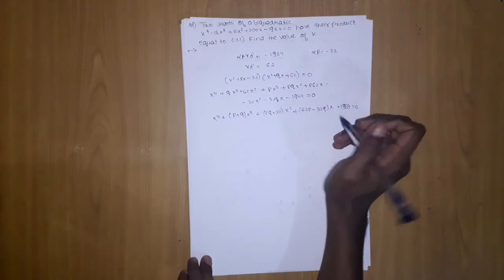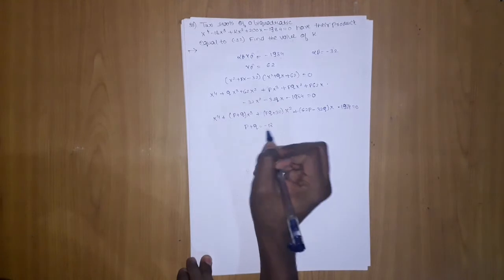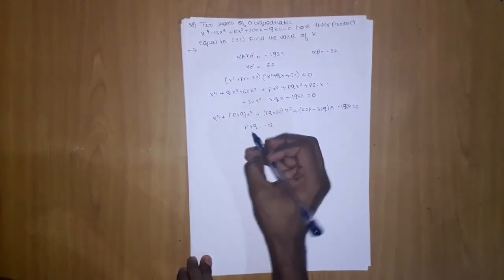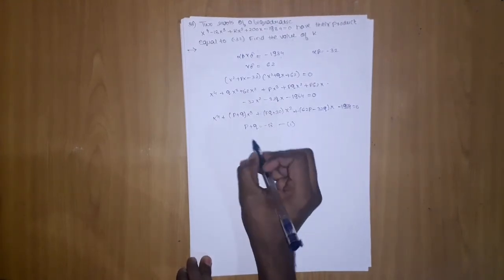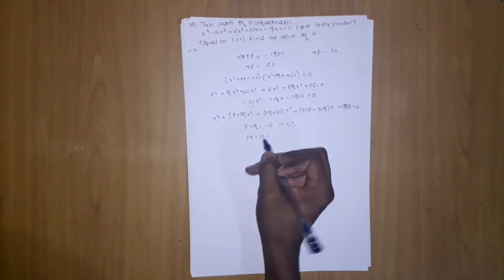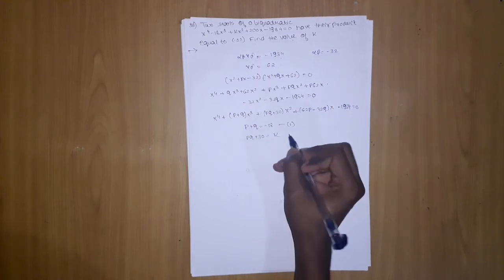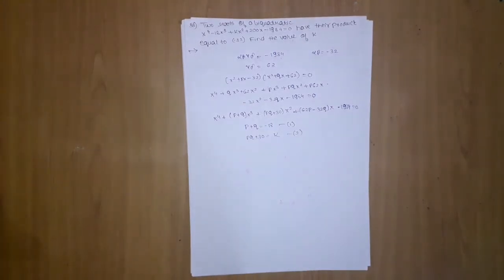Now what we can compare from this: p plus q should be equal to minus 18, first equation. Second, pq plus 30 should be equal to 4k. This is the second equation, which we need to find the k value.